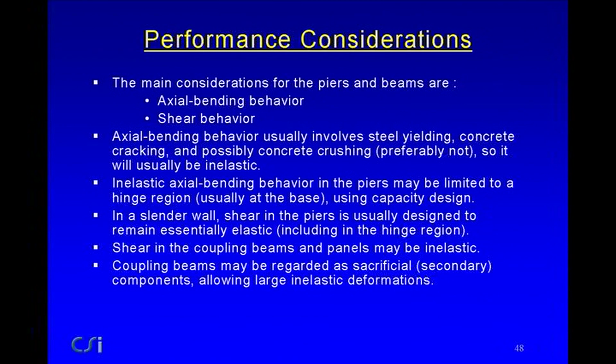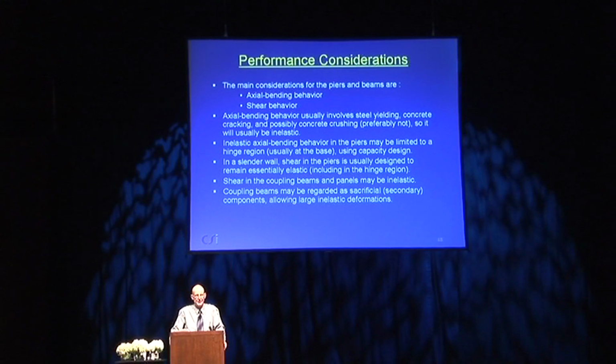The inelastic axial bending behavior in the piers may be limited to a hinge region, which is usually at the base, using capacity design. I think if you follow Tom Paulay's procedure for designing shear walls, you would say, okay, we're going to allow a hinge to form at the base. We'll design the rest of the structure to remain essentially elastic.